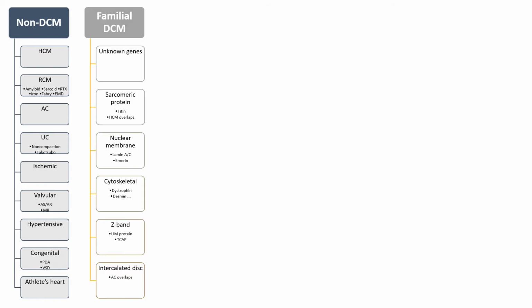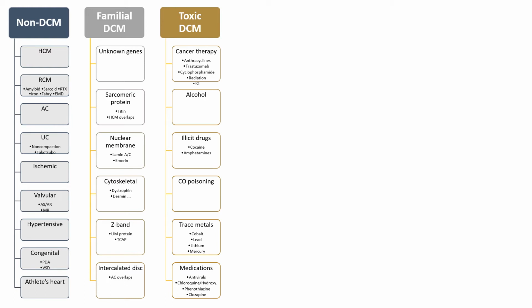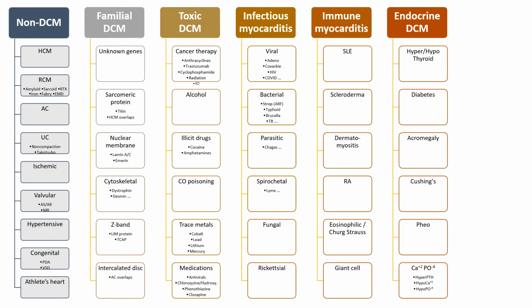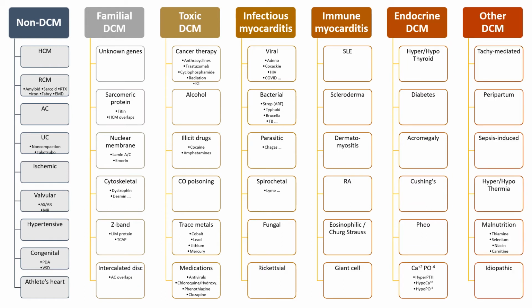And we can then start exploring the differential diagnosis for dilated cardiomyopathy, which includes familial, toxic, infectious, immune, endocrine, and others. I'll note a few of these entities can actually present dilated even in their acute or subacute form. So dilation does not necessarily invoke chronicity in some of these cases, such as the toxic and the infectious myocarditis, as well as the giant cell myocarditis.